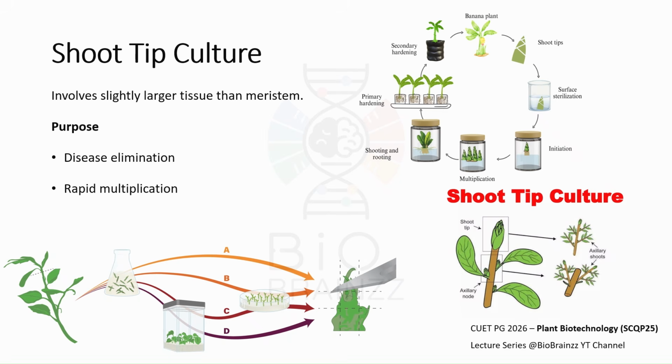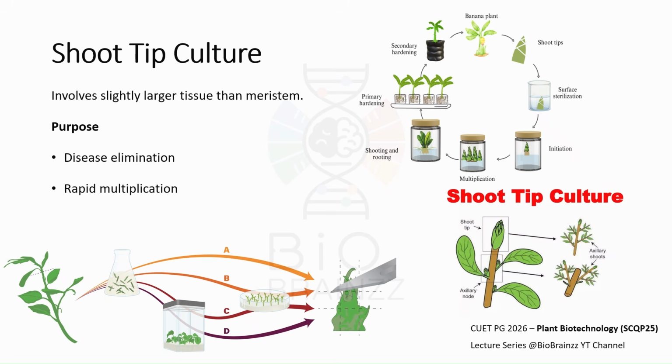Shoot tip culture is closely related to meristem culture, but involves a slightly larger piece of tissue that includes the meristem along with a few surrounding leaf primordia. Because the tissue piece is larger, survival rates may be higher than in meristem culture.